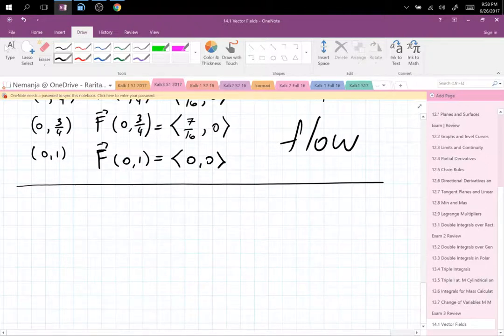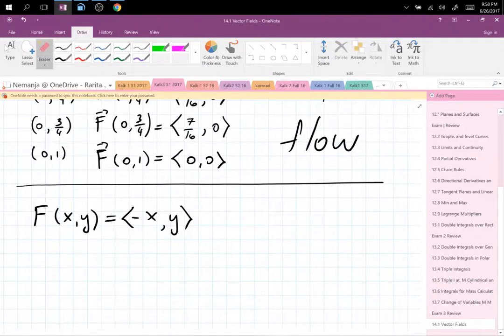One more. Let's try this one. So this one is negative xy, sorry, negative yx. There we go.